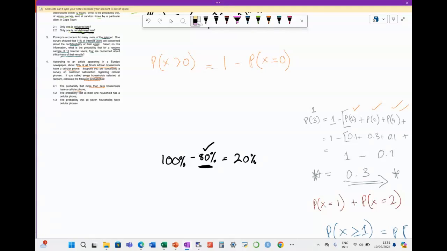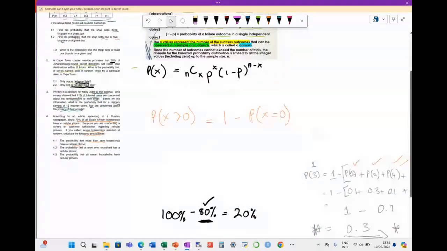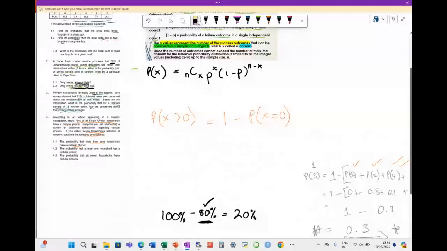So we go back to our formula here. We're then saying the probability of X equals, how many observations do we have? 7 C, and then X is going to be 0. And then we say times the probability of what?